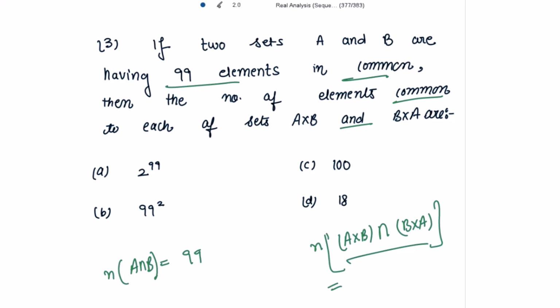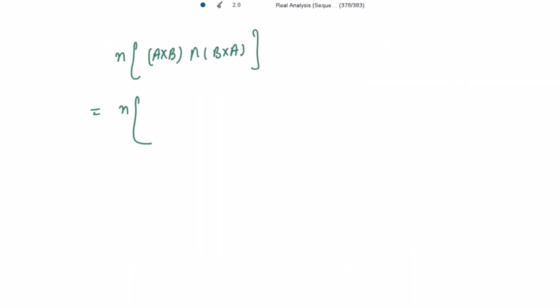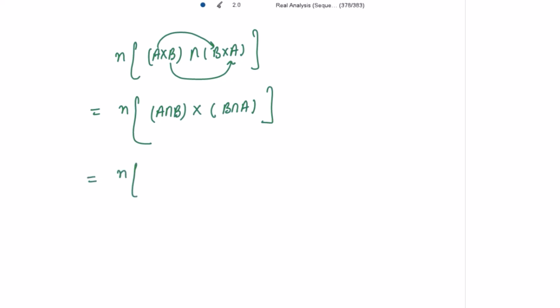Let's solve this. This is equal to the number of elements in (A × B) intersection (B × A)... okay, I can write it as the number of elements in A intersection B multiplied with the number of elements in B intersection A. I can write B intersection A to be A intersection B; that doesn't matter.